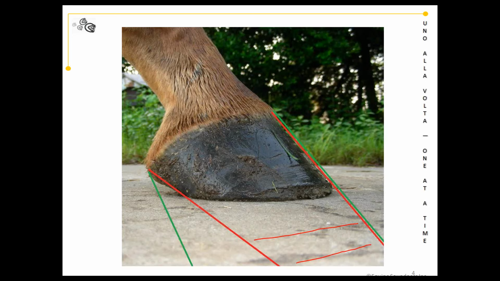If those lines are diverging, getting farther and farther apart, as it is shown here with the green line, then the hoof is diverging and it is working well.